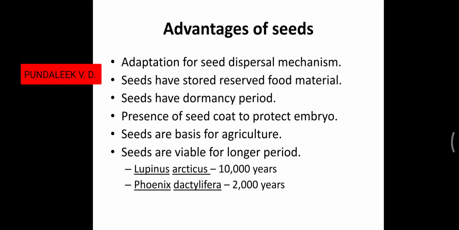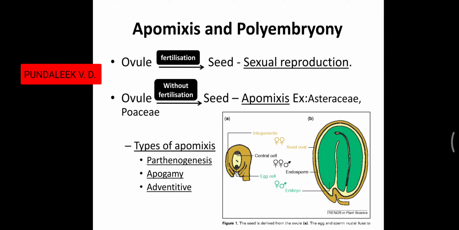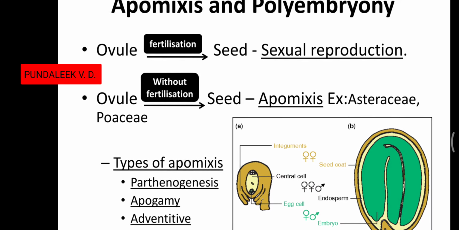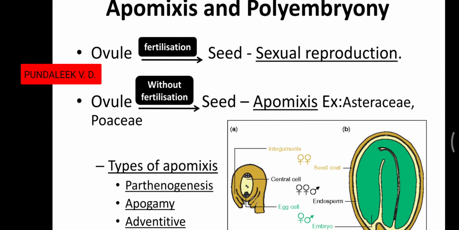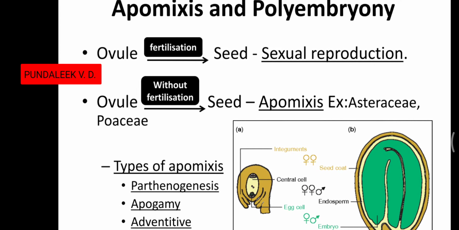Then the next concept we are going to learn is apomixis and polyembryony. In the first two cases, we can find that in both cases the ovule has developed into seeds, but the difference is that in one case there is fertilization and in the other there is no fertilization.